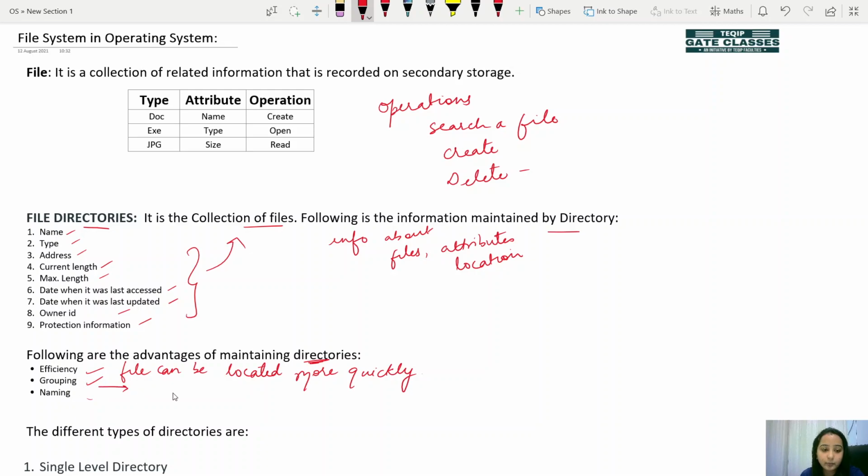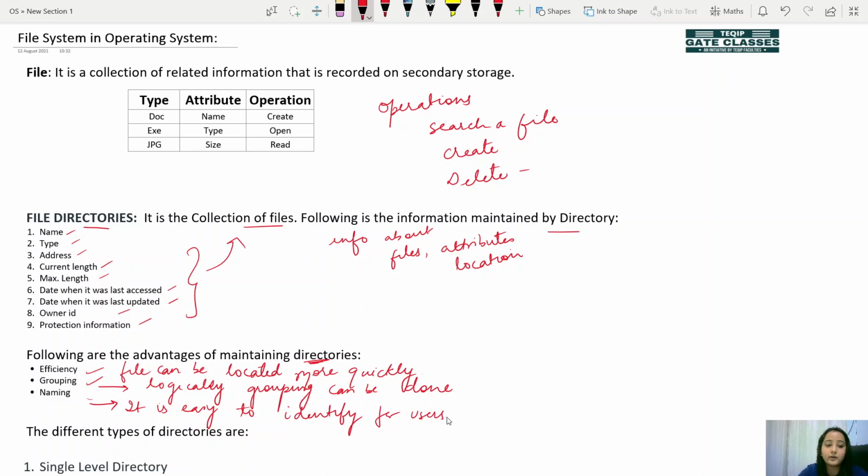Grouping means logical grouping can be done. Naming: why do we name? It is easy to identify for the users. So that's why we maintain the name.